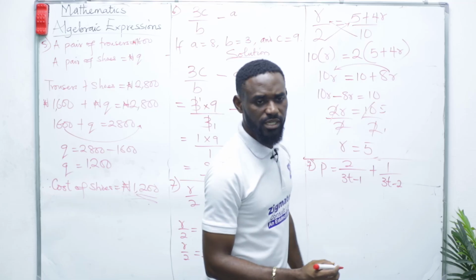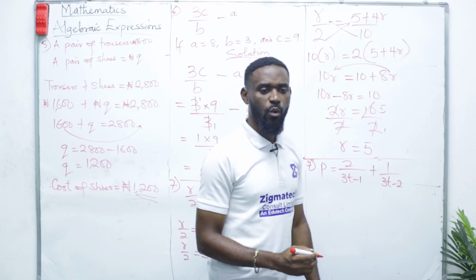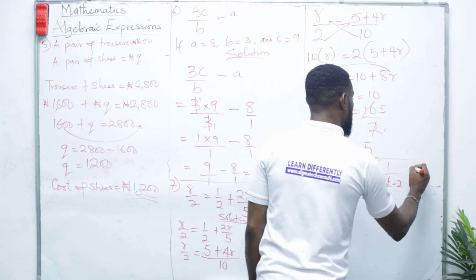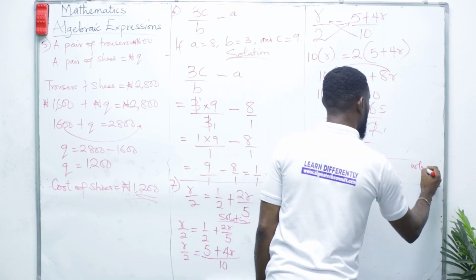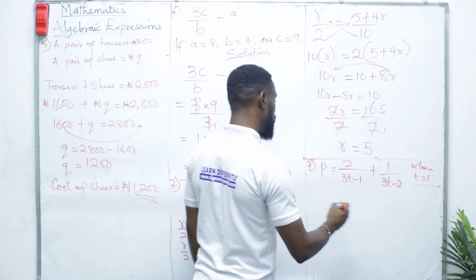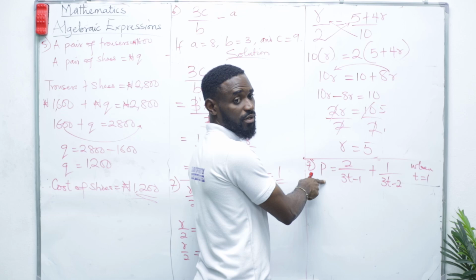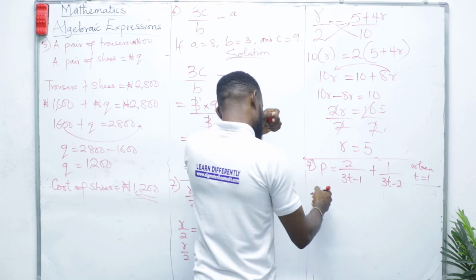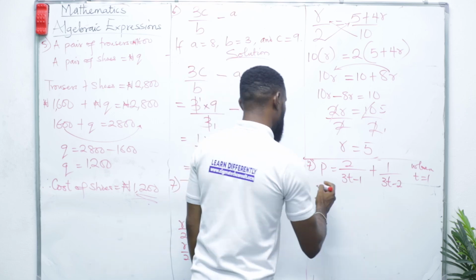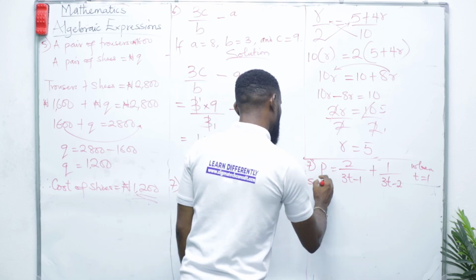They say we should find p when t is equal to 1. So they're asking us to find this p when t is equal to 1. So it's just to substitute the value of this one to anywhere you have t, put 1 there.